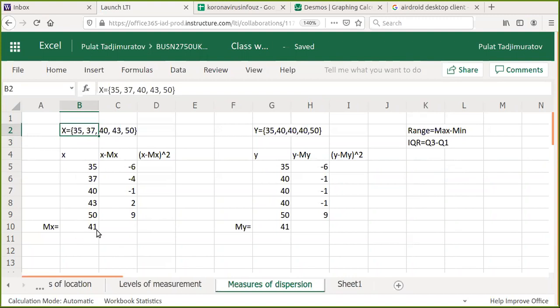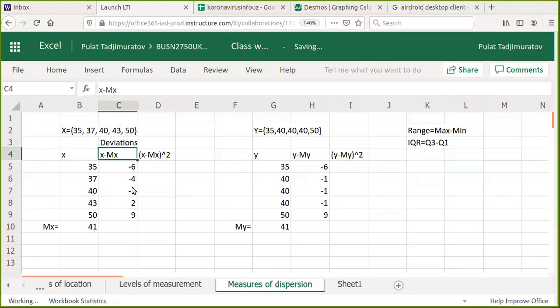I went ahead and found the mean value, and here in this column we have something we call deviations. Deviations are just each value minus the mean value. So 35 minus 41 is minus 6, 37 minus 41 is minus 4, and so on.